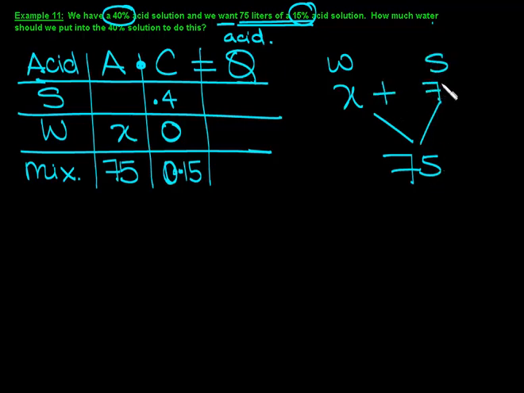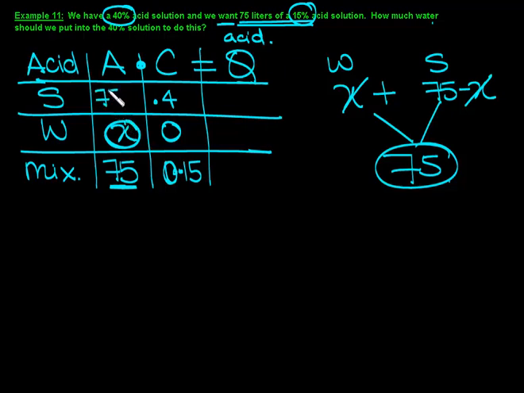It's going to be 75 minus X, because when I add these two, the X's will cancel and I'll get 75. Out of that 75 liters, X liters is going to be water. Do you agree? So how much is left for the solution? It will be 75 minus however many liters of water you had. Now to find the quantity, we just multiply the rows.